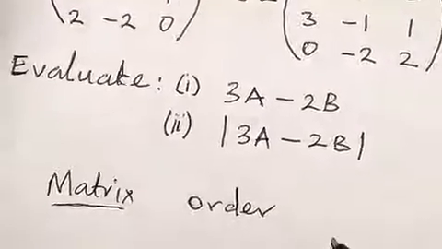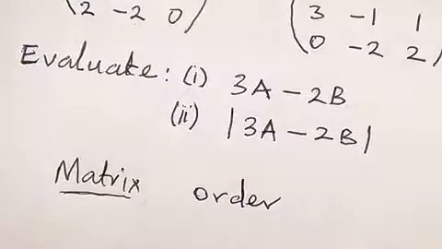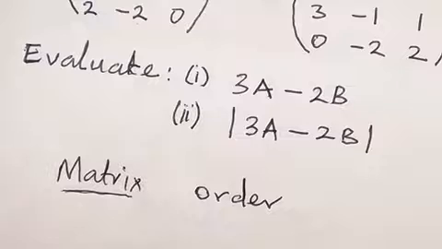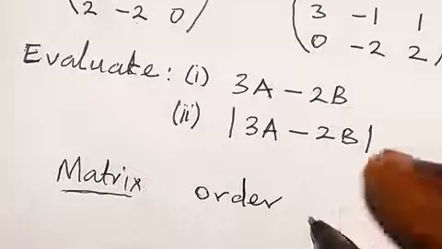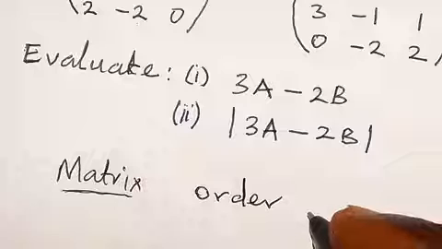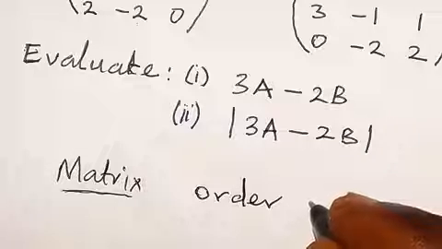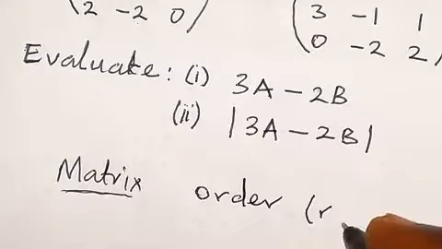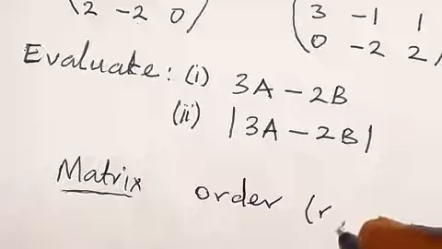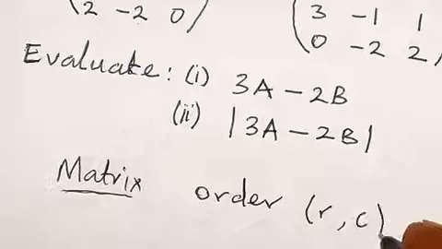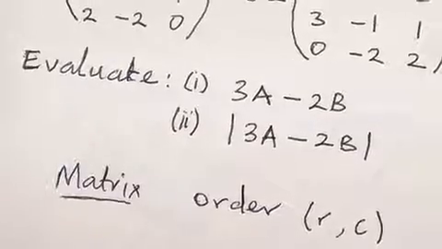The order of a matrix is very important, and the order of a matrix is always in row, column. So row is always first, then column.